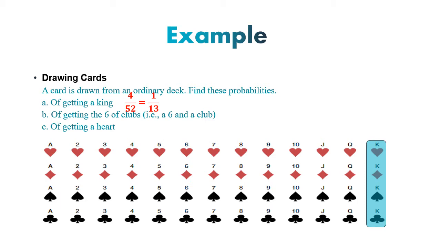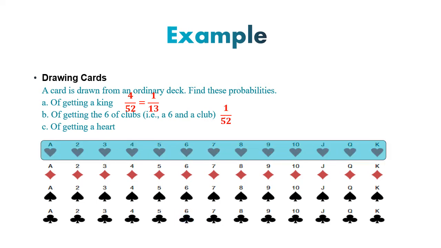When a card is drawn from an ordinary deck of cards, what's the probability of getting a 6 of clubs? Keep in mind, the total number of our sample space is 52, so the probability of getting a 6 of clubs is 1 out of 52. What's the probability of getting a heart?